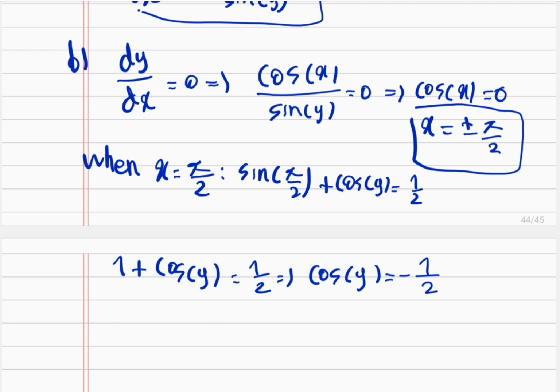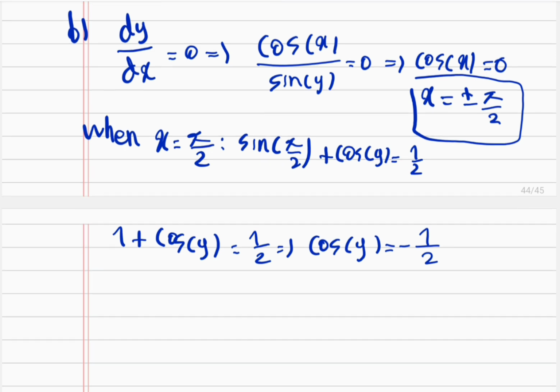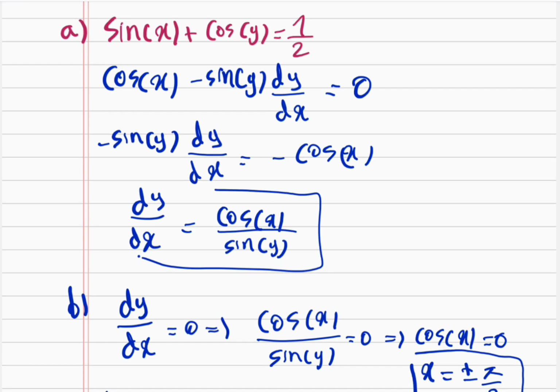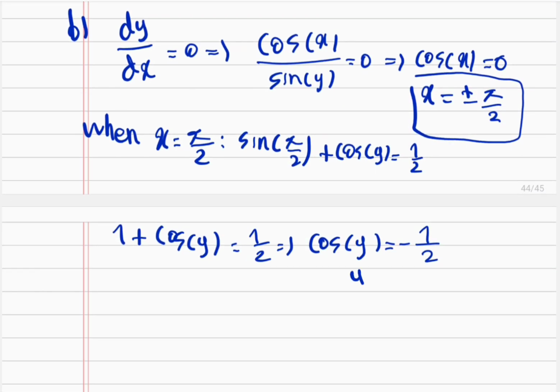Now if we solve this, again we use the fact that y is between pi and minus pi. So this gives us the values of plus or minus 2 pi over 3, because these are the only values that will make cos y equal to minus a half in that range. So at this point, we have two different values for y.